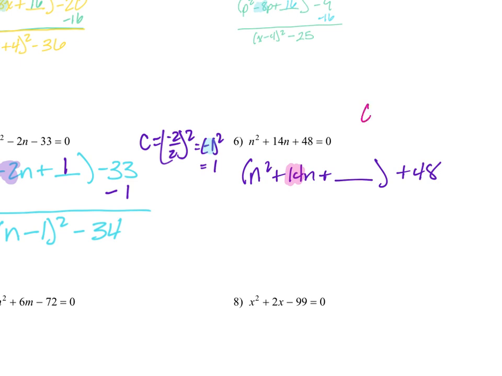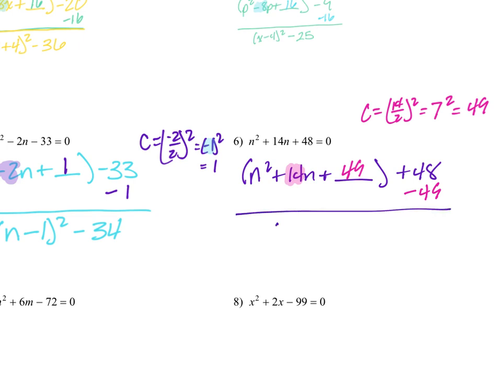So C is going to equal 14 divided by 2 squared. 14 divided by 2 is 7. 7 squared is 49. So I'm going to add 49. If I add 49, I have to subtract 49. And then I rewrite this as n plus 7 squared, and then I think this one is -1.